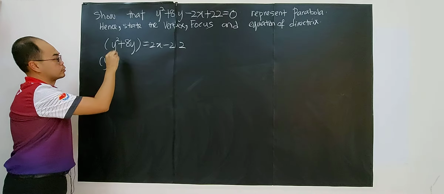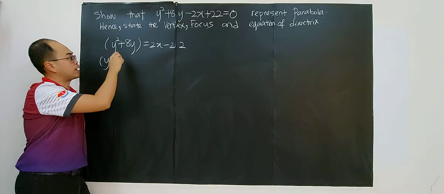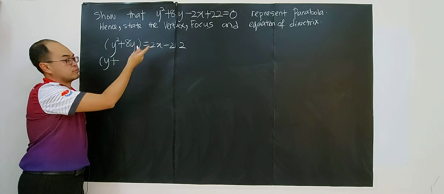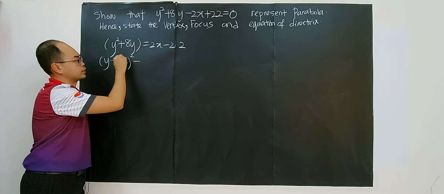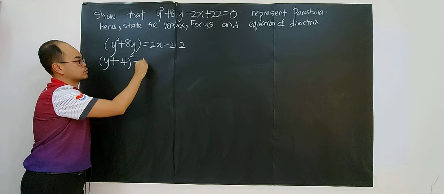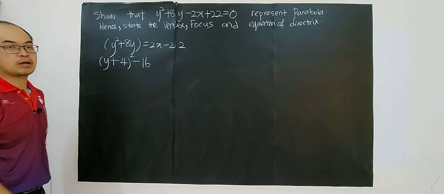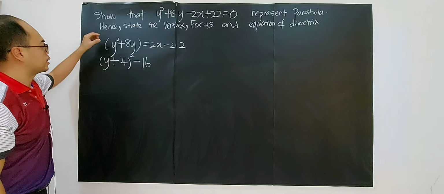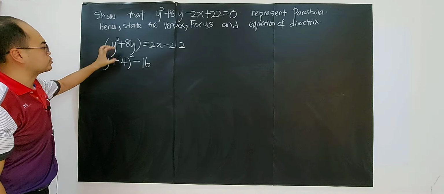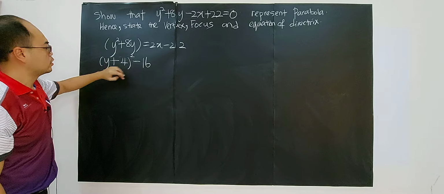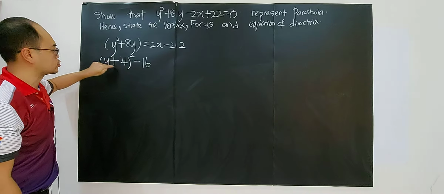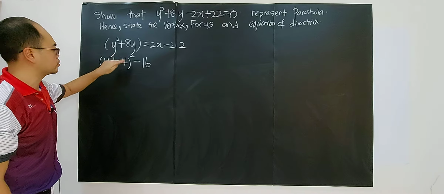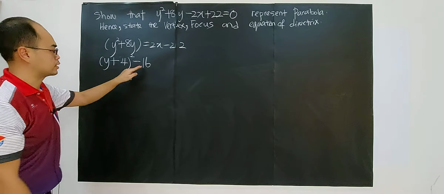You can use this technique, where you take y plus 8 divided by 2, you have 4 squared, minus this square, so 16. This is a faster way of completing the square, where you directly take y plus 8 divided by 2, which is 4, and complete the square, minus the constant. You square the constant, 4, and you get 16.